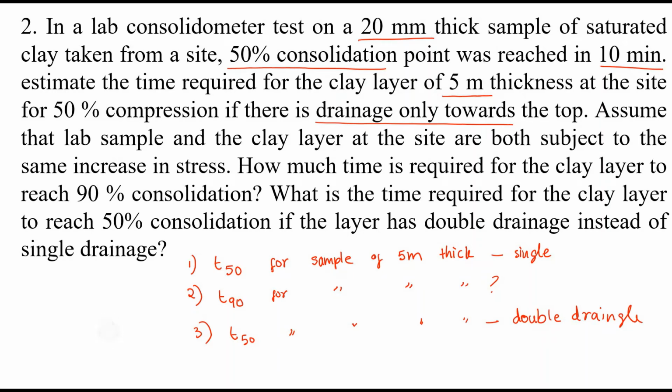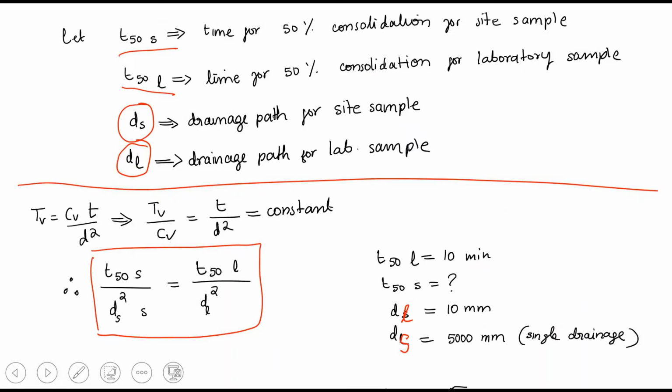Now let's see how we can do this. Here I am writing down all the values that are given. I am indicating T50S, which is the time for 50% consolidation for a site sample, and T50L means the time required for 50% consolidation for a laboratory sample.